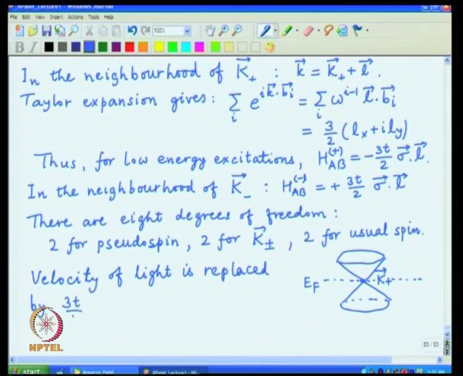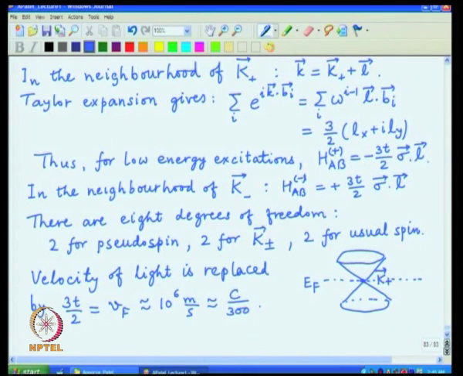which can be called the Fermi velocity, and experimentally the number corresponding to it is about 1,000,000 meter per second, and so this is smaller than c by a factor of 300.